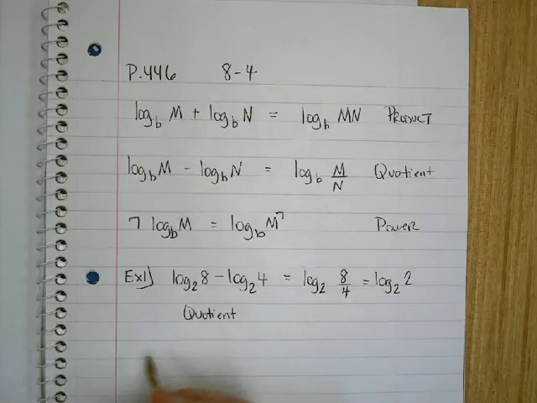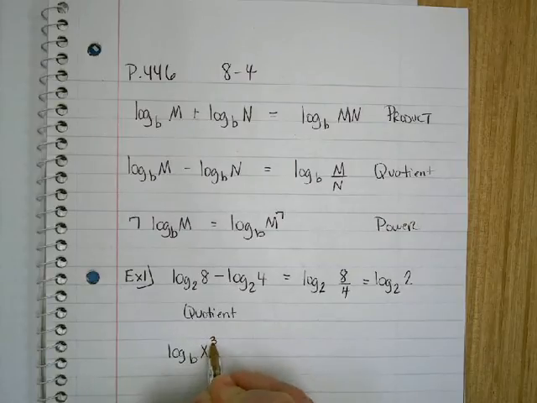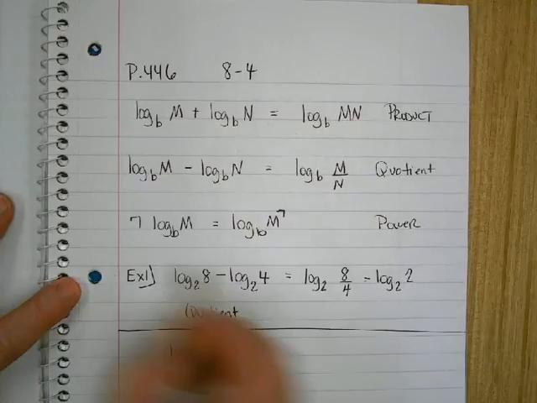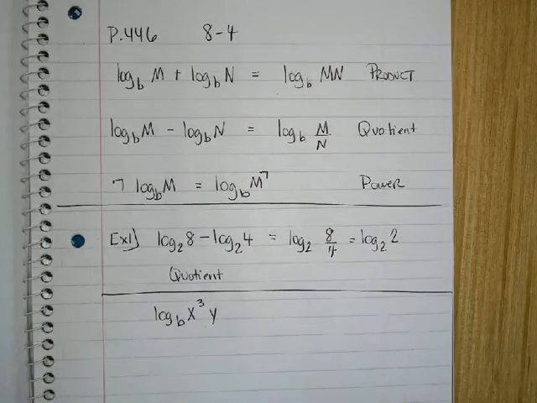The next example says log base b of x to the 3rd times y. Okay? Now you got a couple of things going on in this one. First of all, I want you to tell me what's going on between the x term and the y term. They're being multiplied, which tells me that I'm using which property.